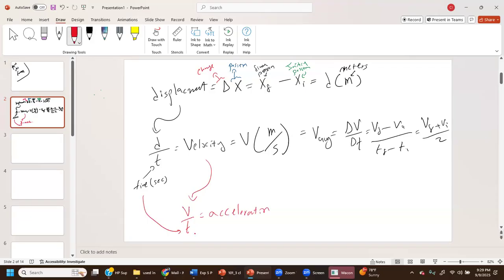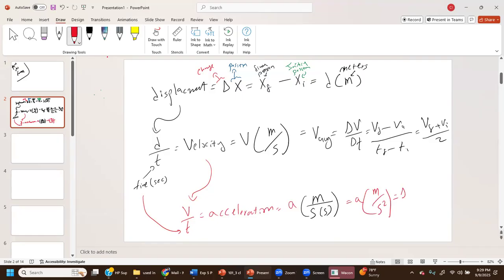We give the acceleration the letter A, which is your velocity in meters per second times the second that we have, which makes the acceleration meters per second squared.